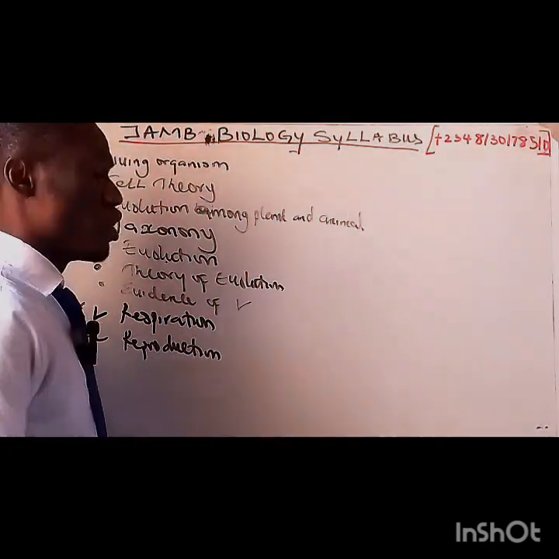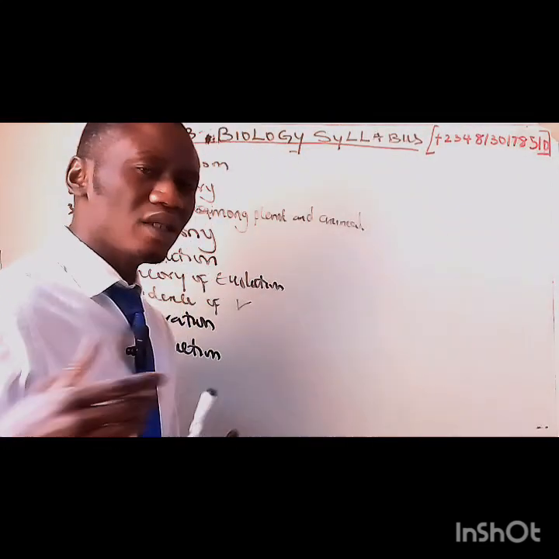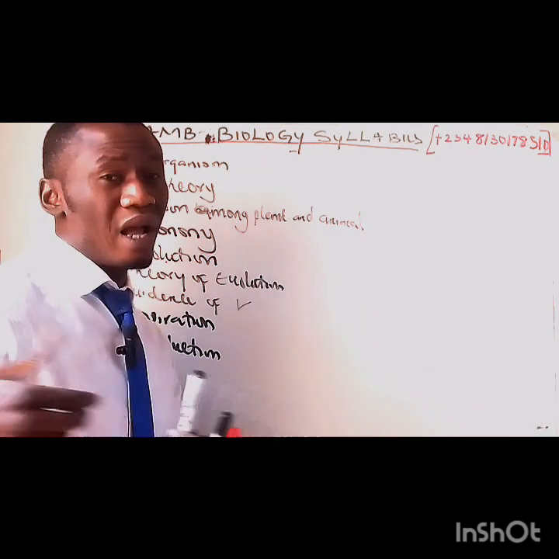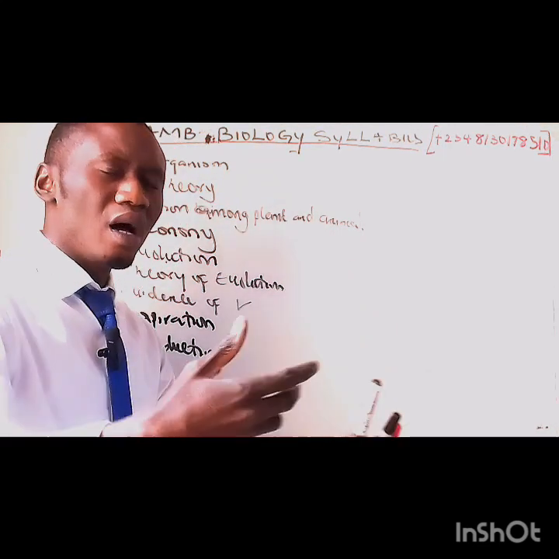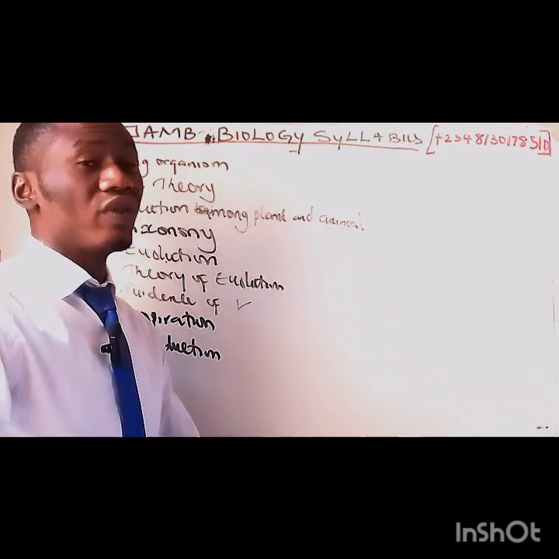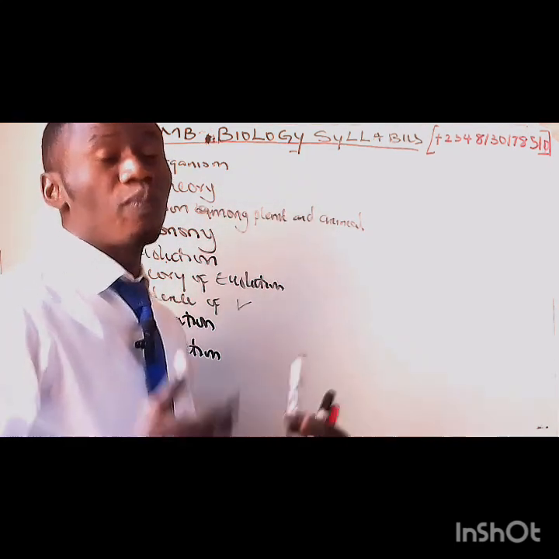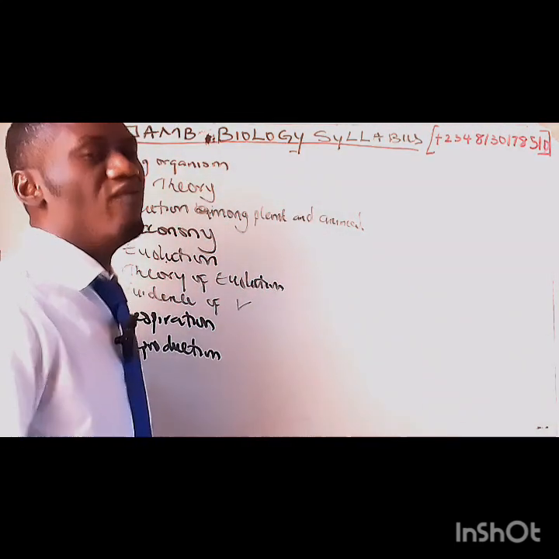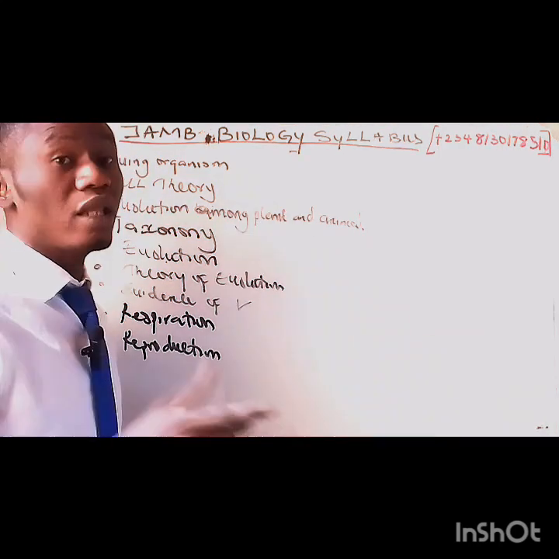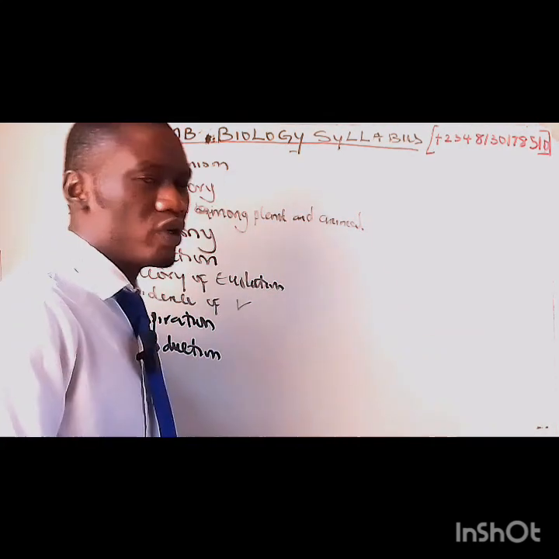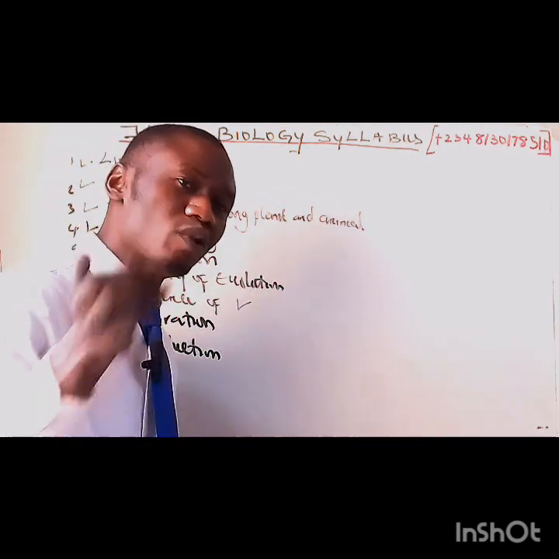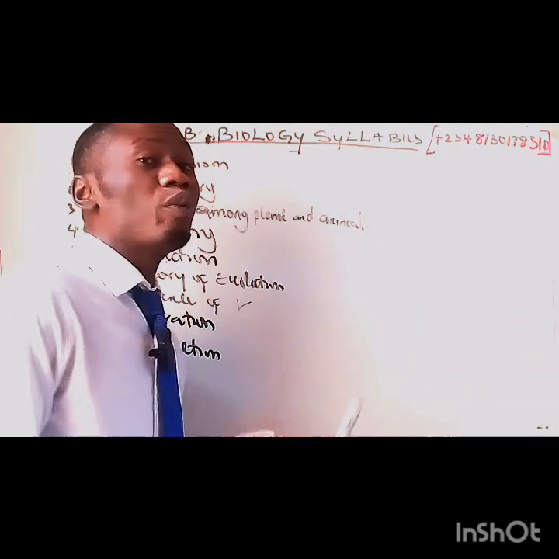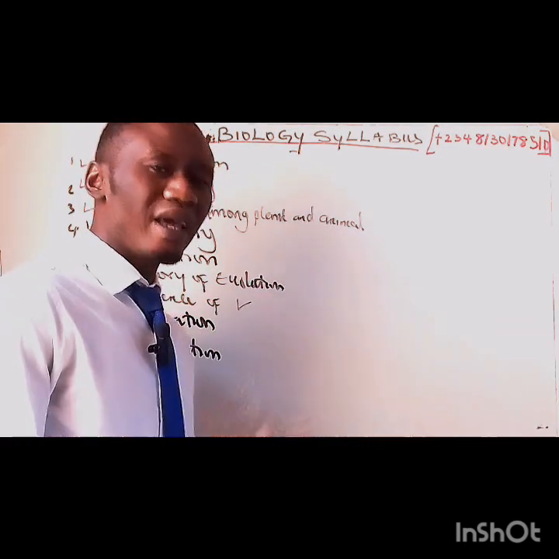Okay, and then the reproduction, sexual and asexual: sexual, conjugation and gamete fusion; asexual, the fragmentation, the spore formation, the binary fusion, the vegetative propagation, and the rest of them, and the brooding that is under their sexual reproduction, and reproduction in plants and reproduction in animals.